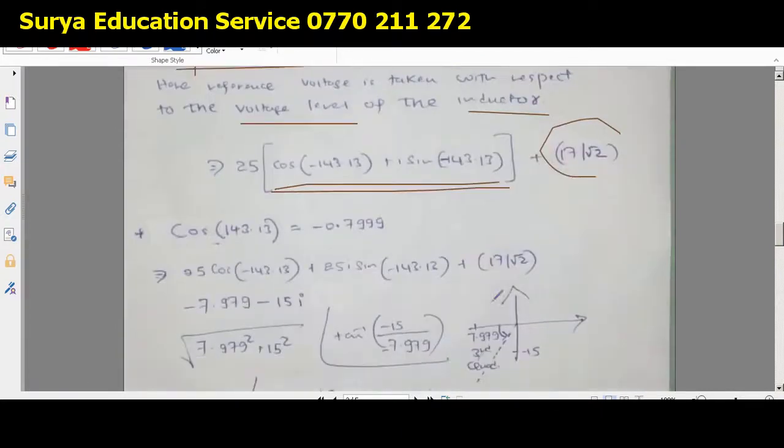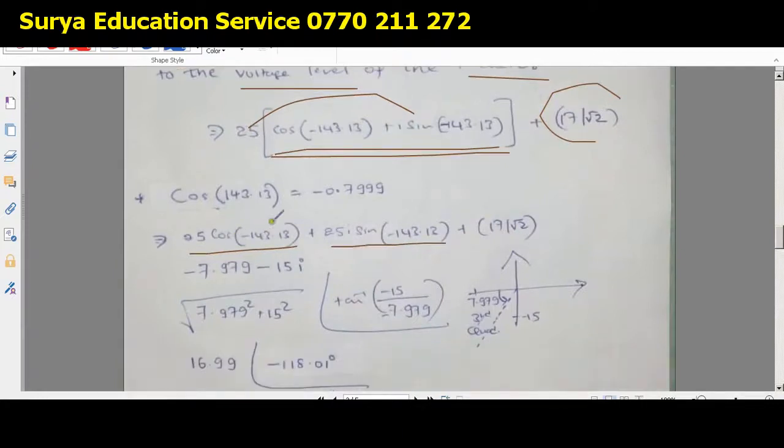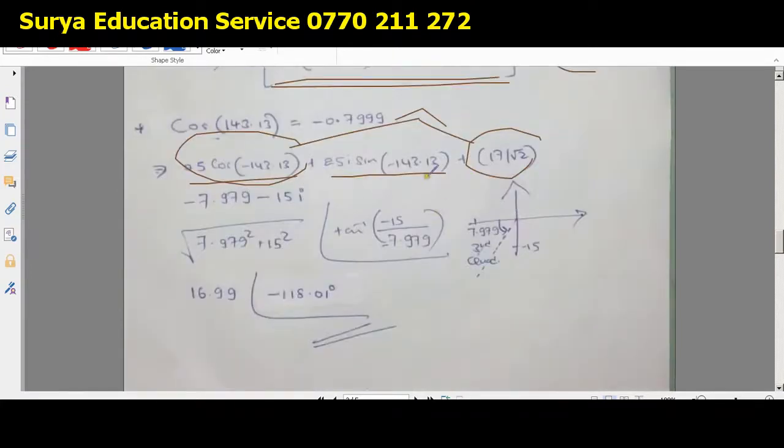Now very simple: 25 cos minus 143.13, then again 25 i sin minus 143.13, plus 17 divided by root 2. So here you will be getting a real number, and here also you will be getting a real number, so you can sum up these two. What sort of value will they give you?